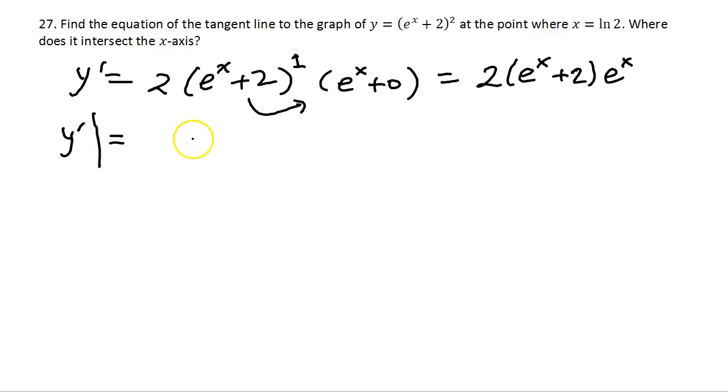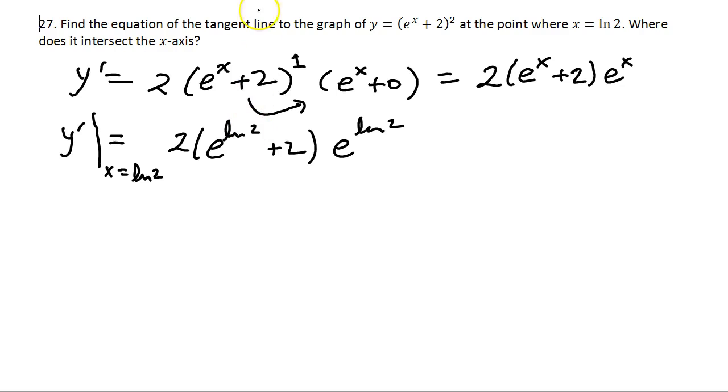All right, if you evaluate at x equal to ln of 2, you have 2 times (e to the ln of 2 plus 2) times e to the ln of 2, and because e and ln cancel, this is 2 times (2 plus 2) times 2.